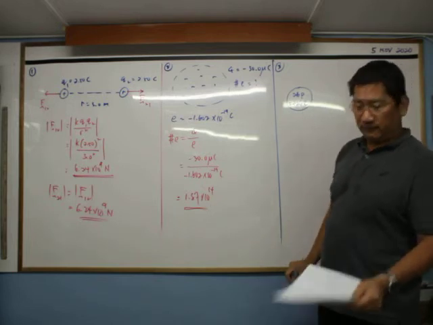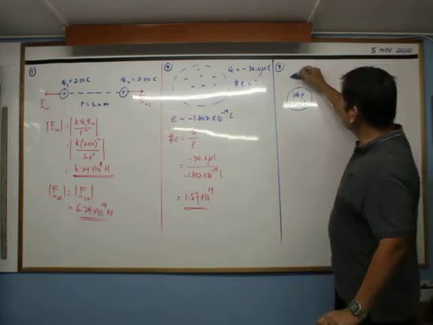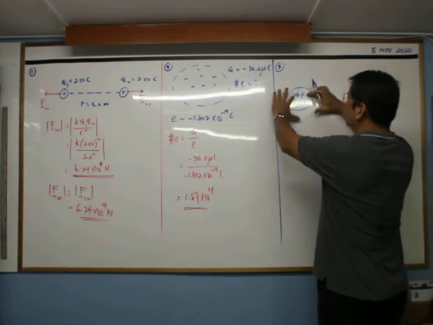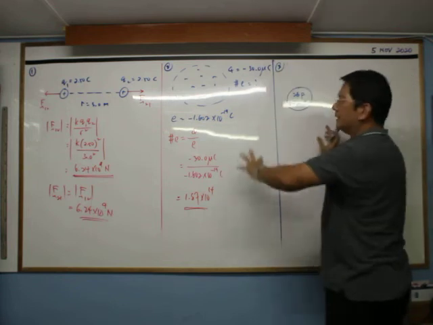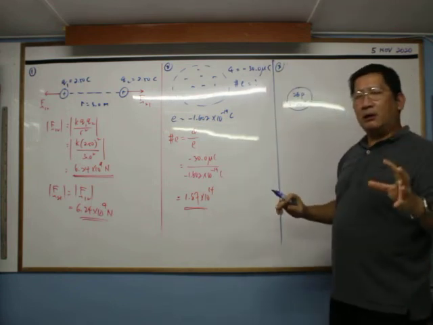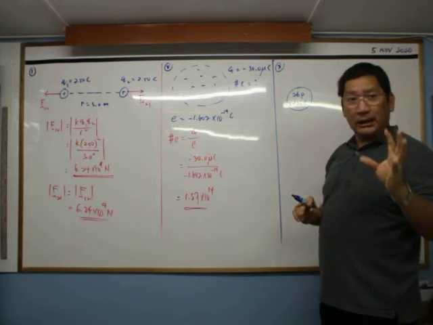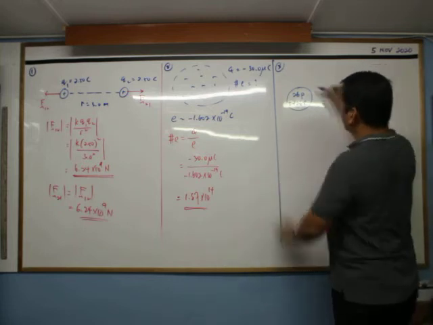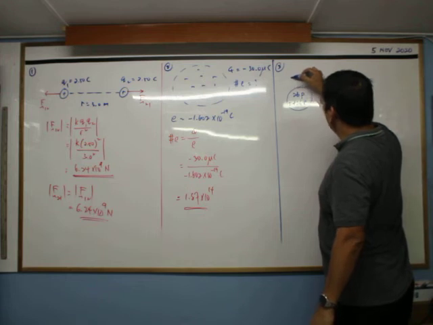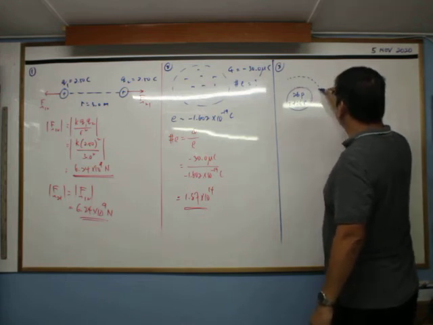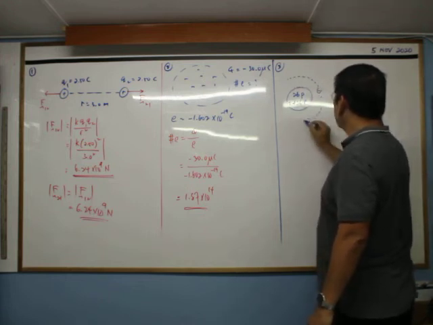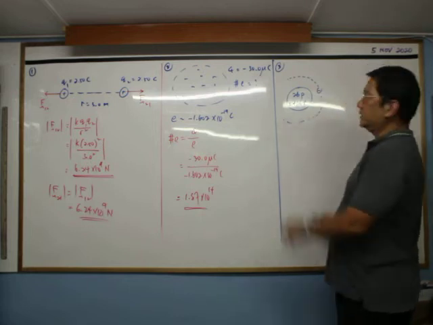And then the innermost electron: because you have 26 protons, you're supposed to have 26 electrons circulating around a neutral iron atom. But we are only asked for the innermost, one of the nearest electrons to the nucleus. So this is the nucleus.